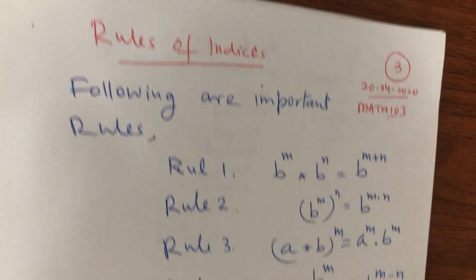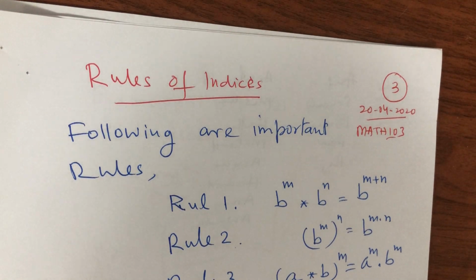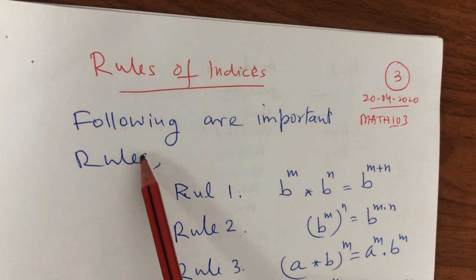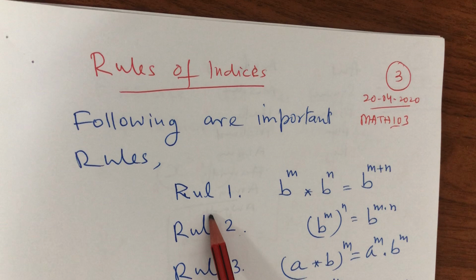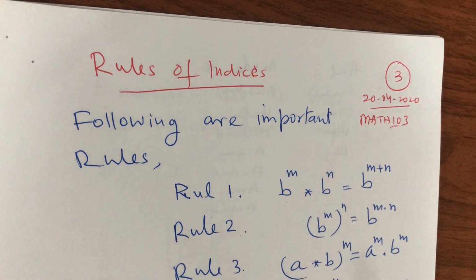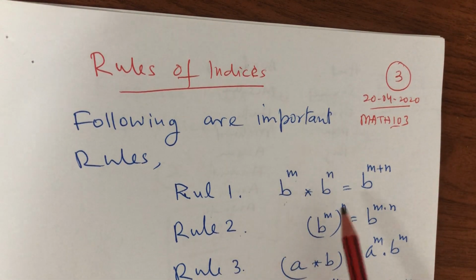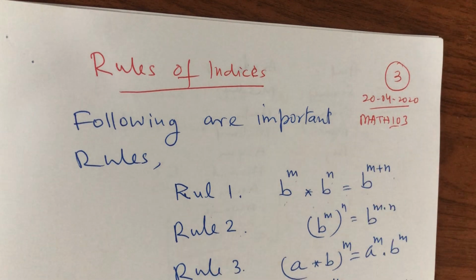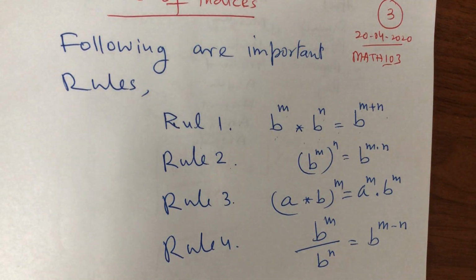Then what are the rules of indices? What is the general rule of power? The general rule of power is when we have two powered quantities, that is two quantities with different powers: b power m multiply b power n is b power m plus n. This is called rule 1.